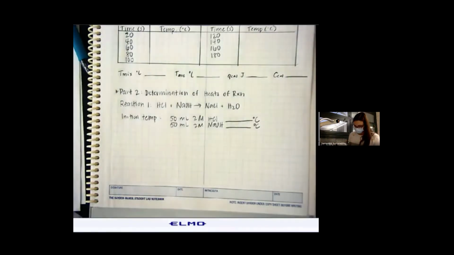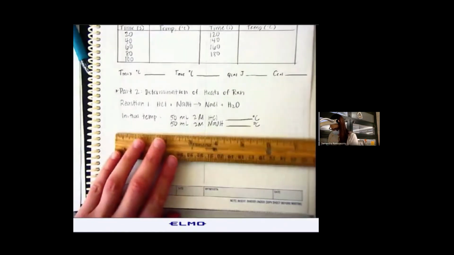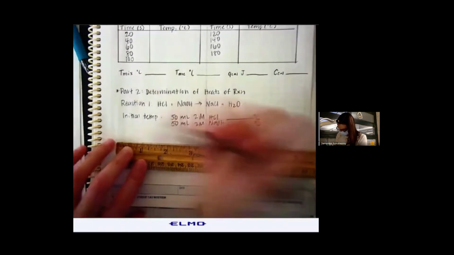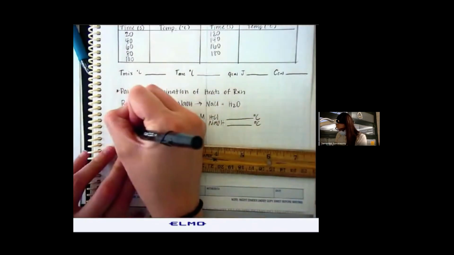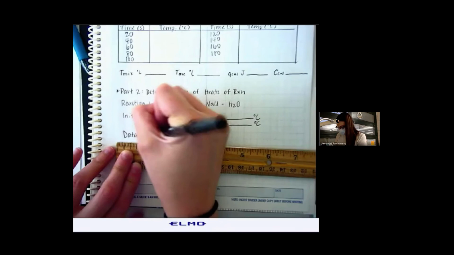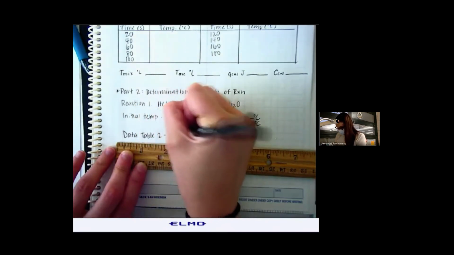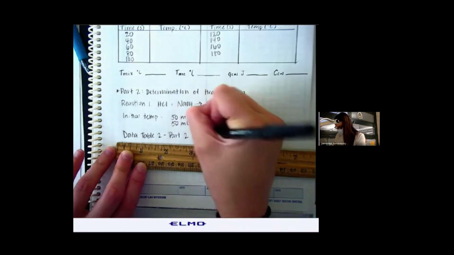All the data tables are going to look just like this, except it's a different number and a different title. So let's see if I can draw this one a little bit better. I'll label it first. Notice I actually tried to label it for you in the lab. Data table 2, part 2, reaction 1.